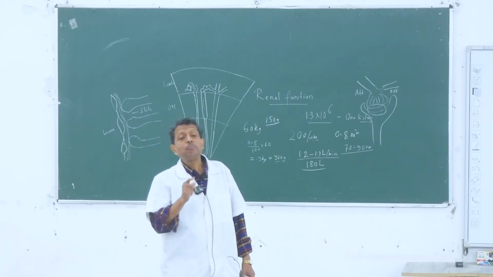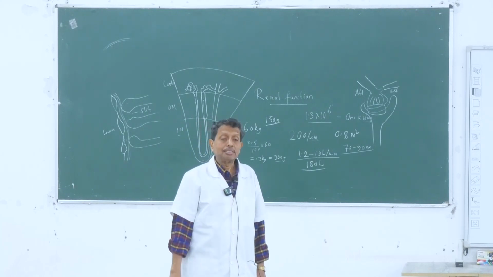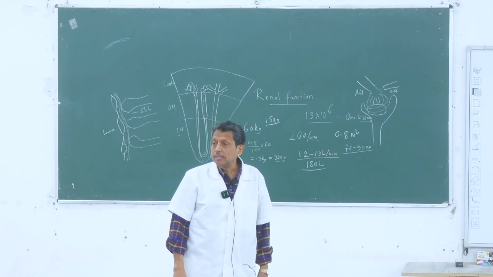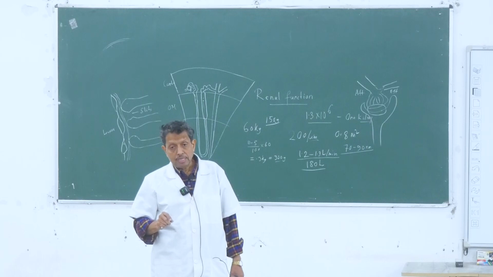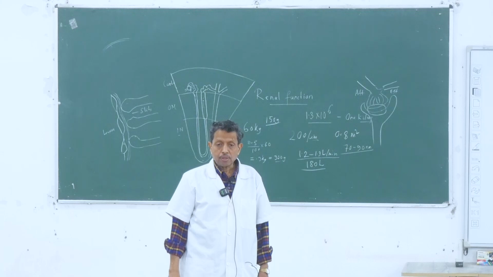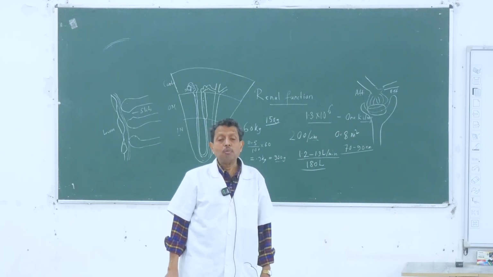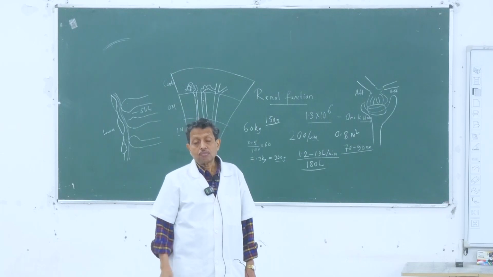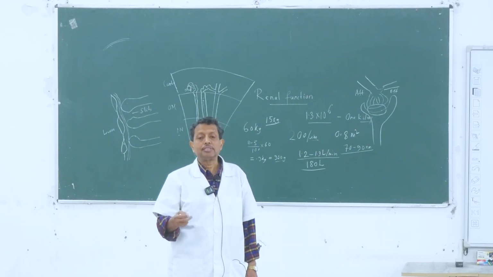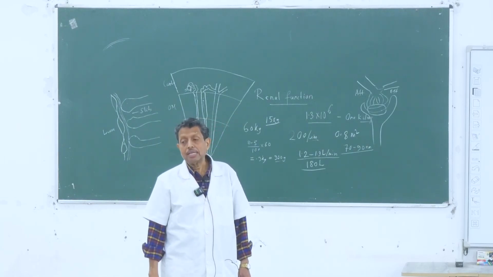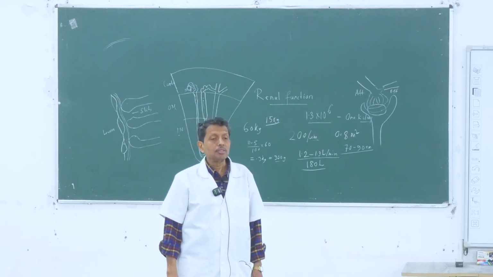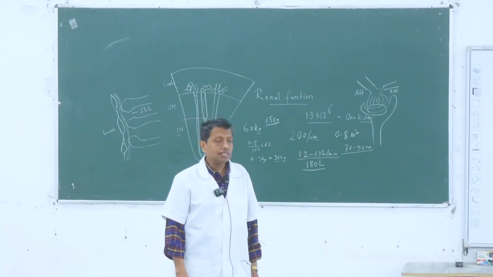At physiological pH, proteins are negatively charged. Suppose albumin is negatively charged, and its effective molecular diameter is 7 nanometer or so. You can expect that a considerable amount of albumin should come into the Bowman space by filtration, but it is not so. Because these sialoproteins, sialic acid molecules, are negatively charged and they cause repulsion, so only 0.2% of the concentration of albumin in the plasma you can expect in the Bowman space.